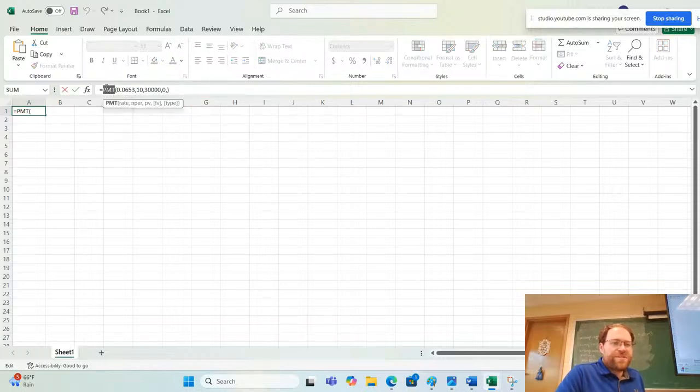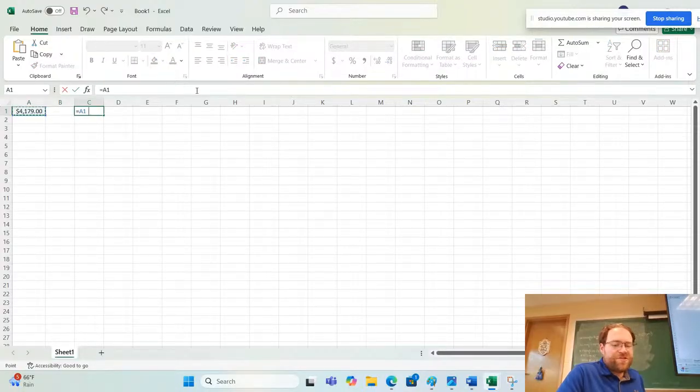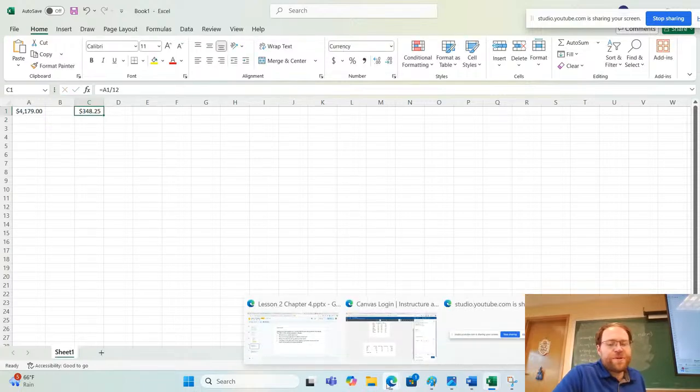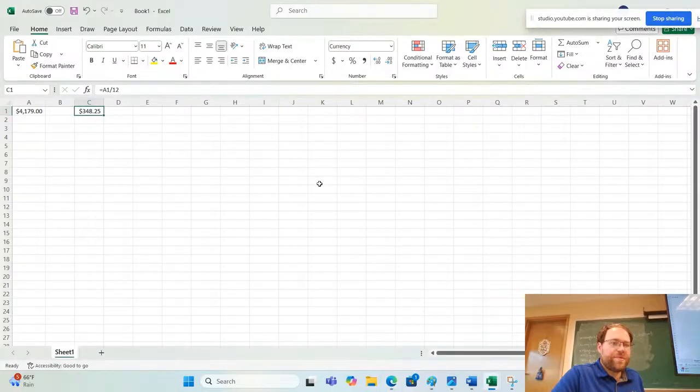It generally records it as a negative, so if we just flip the sign, this payment here, the $4,179, that's how much you would pay each year. So divide that by 12. Looks like you're going to be paying about $348 a month. So that's the monthly payment.